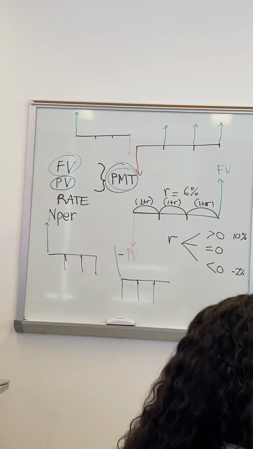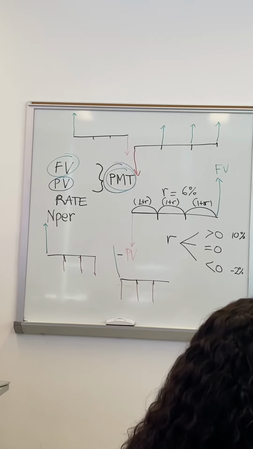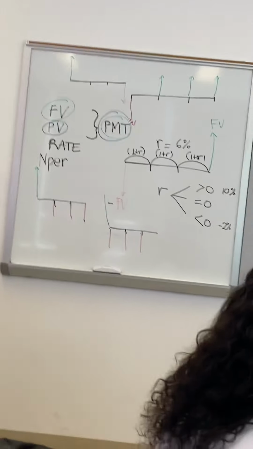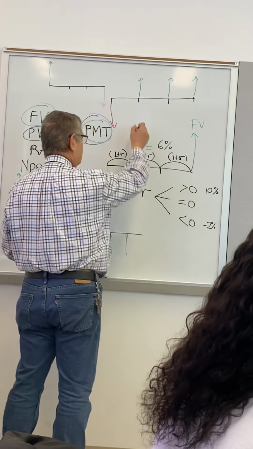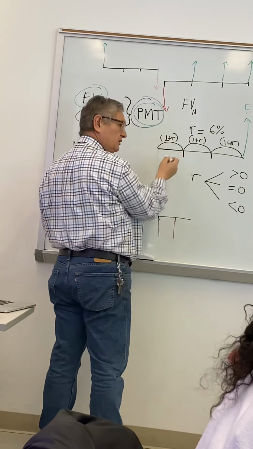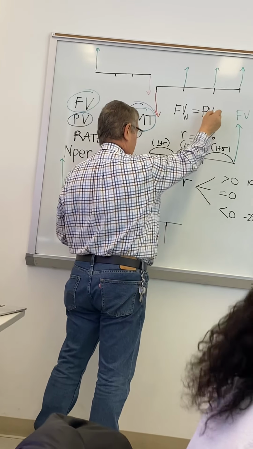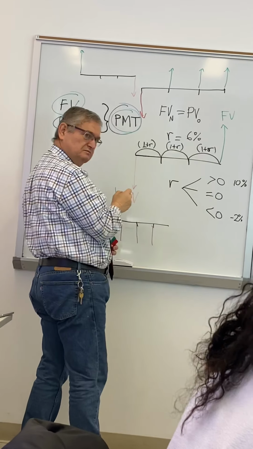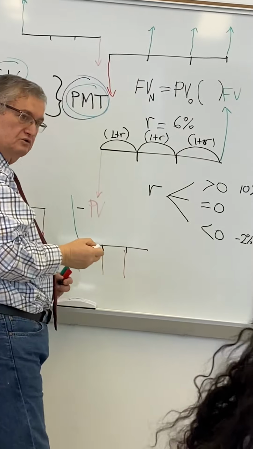What is the basic equation that I need to know? The basic equation is that the money in the future value, after a given period, is equal to the money that I have at the present, based upon how that money grows.